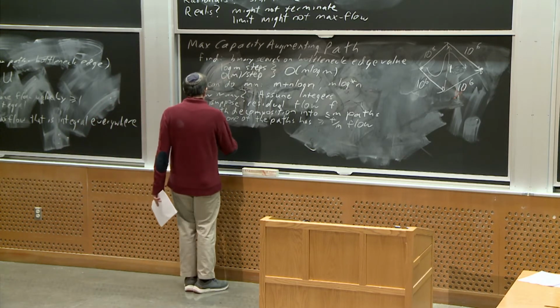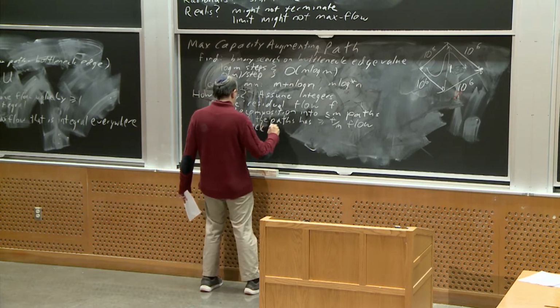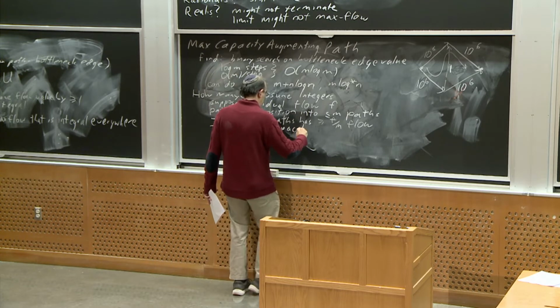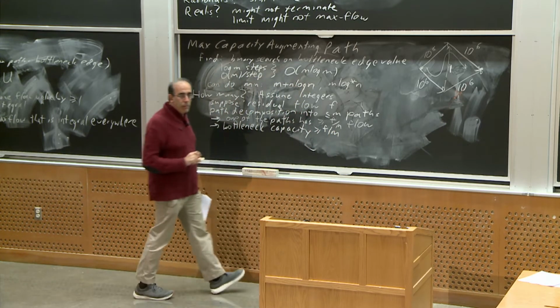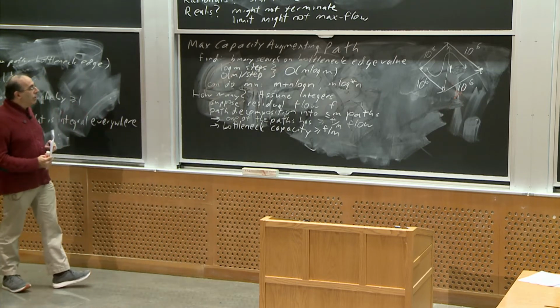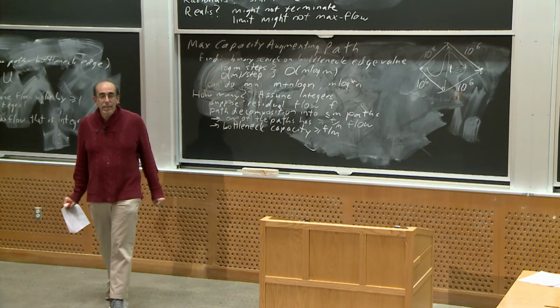So that implies that the bottleneck capacity is at least f/m. And so when we look for the maximum capacity path, we will find a path of at least f/m.